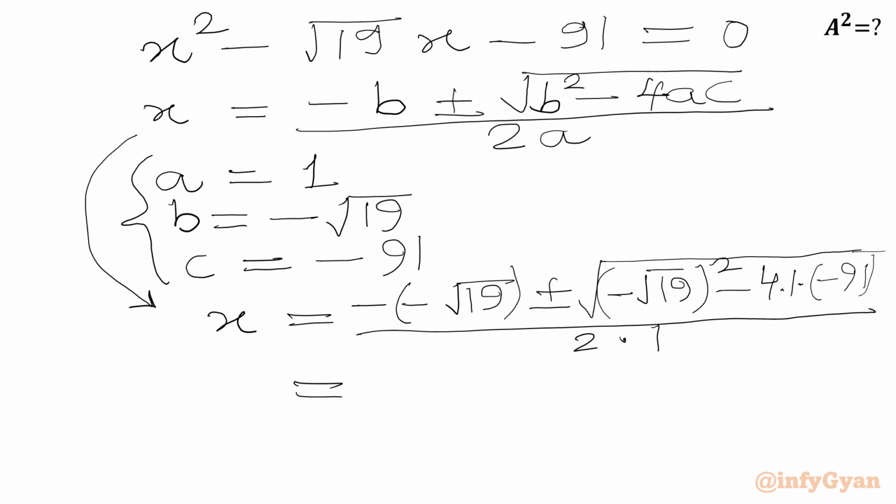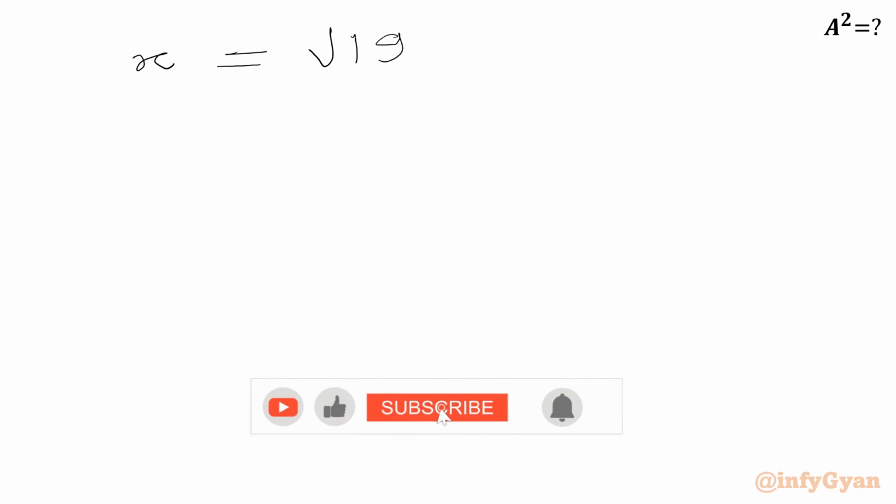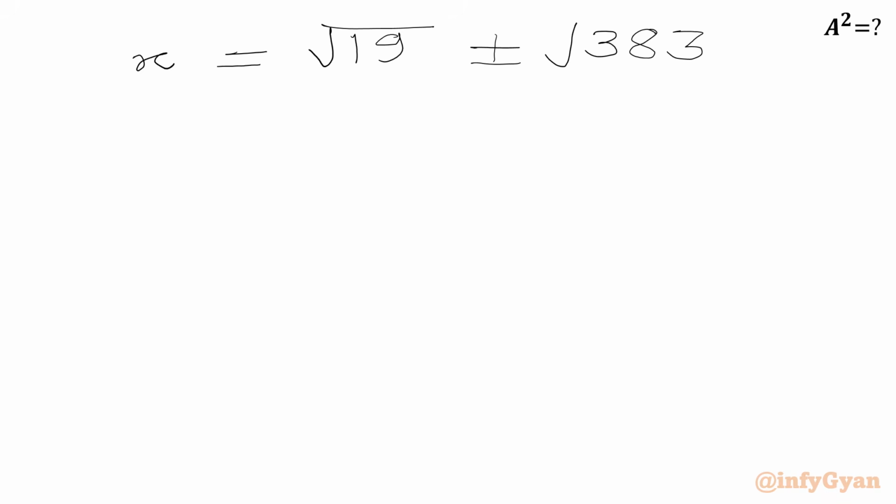Minus times minus becomes plus square root 19 plus minus square root of, square root and square will be cancelled out, we will get 19 here plus 4 times 91, we will write 364, over 2 times 1 is 2. Now 19 plus 364 is 383. So we can write x equal to square root 19 plus minus square root of 383 over 2.